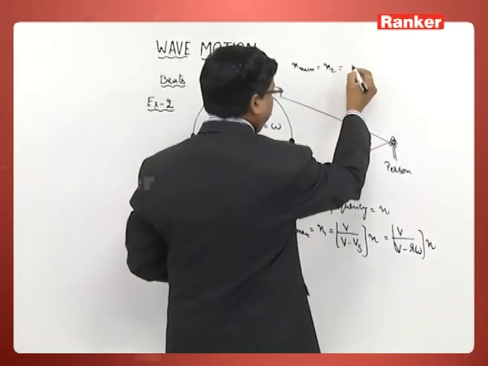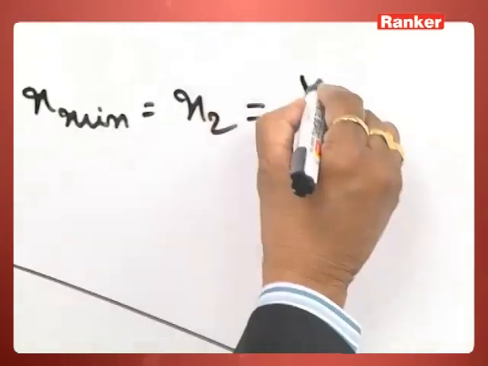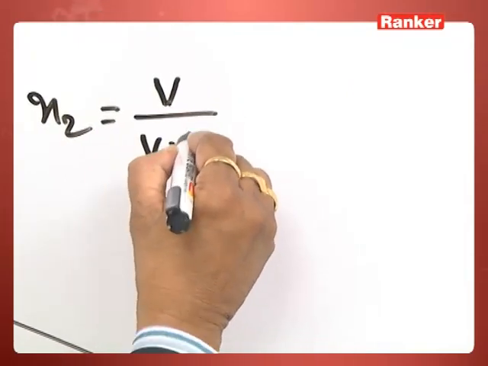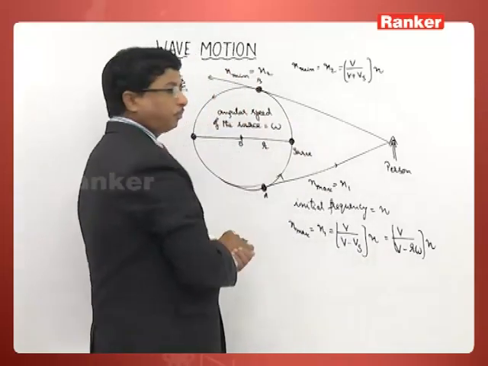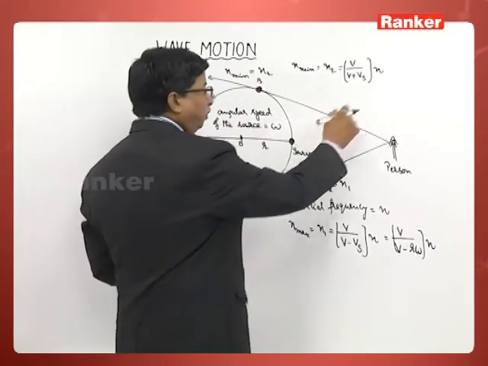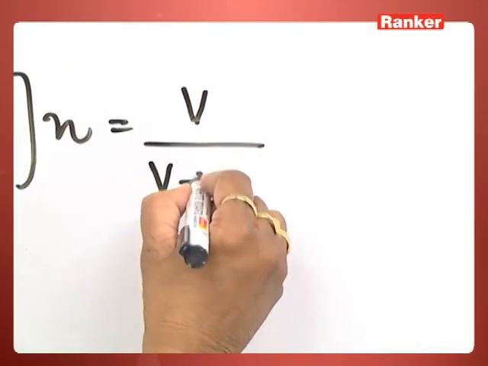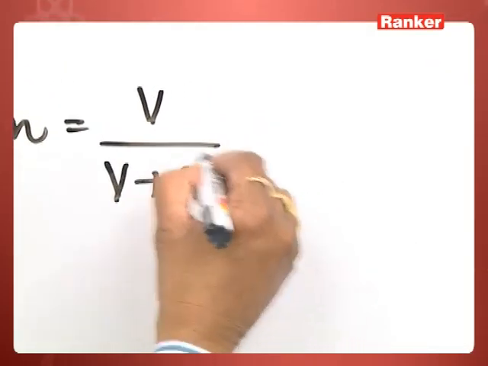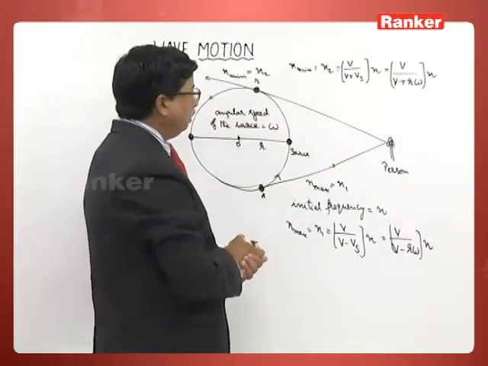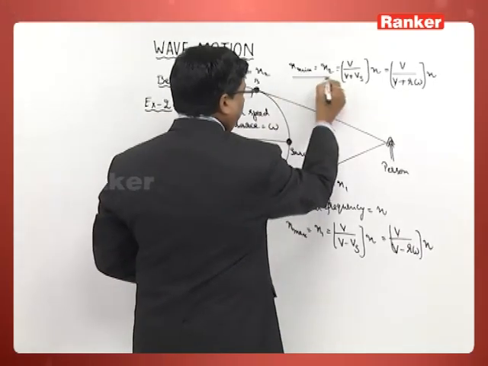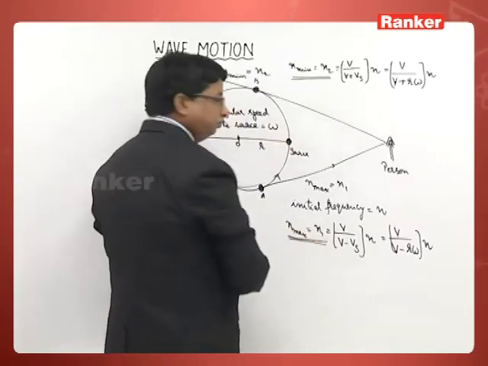We now can apply same concept of Doppler effect, that is V by V plus Vs into N. That value now can be rewritten this way as V by V plus R omega into N. So, you can get the value of N minimum and you can get the value of N maximum.